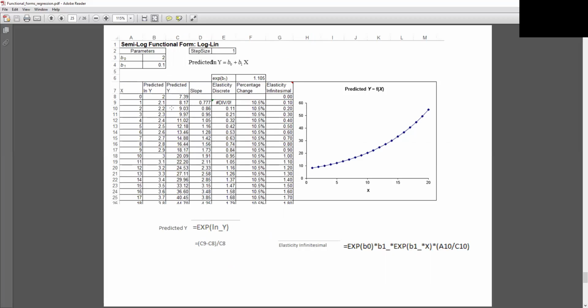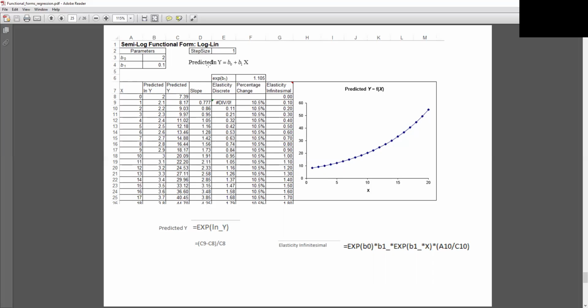In semi-log, it means we are taking log only on one side, not on both, either on the dependent side or on the independent side. First is log-lin. It means log of the dependent variable, and x is used as such. We are not taking log on x. Then, apart from predicting log y, we should also go for predicting y, not just log y.